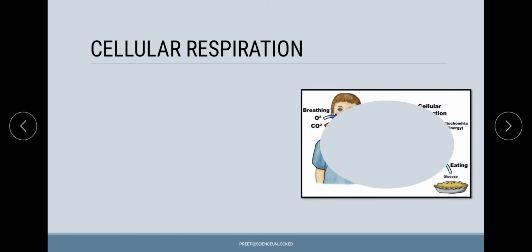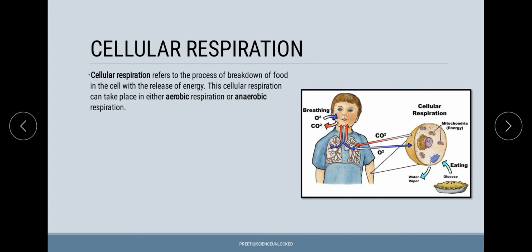The food we take up is digested with the help of the breathed-in oxygen and converted into energy, the ATP molecule. Then this process has a byproduct, carbon dioxide, which is released out of the body.